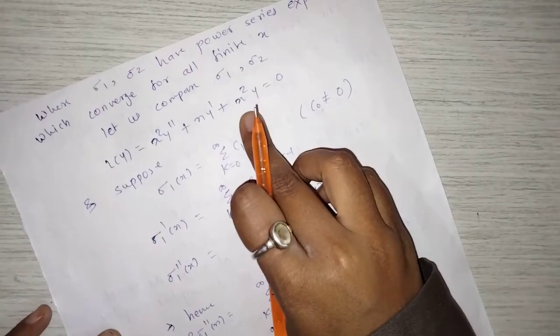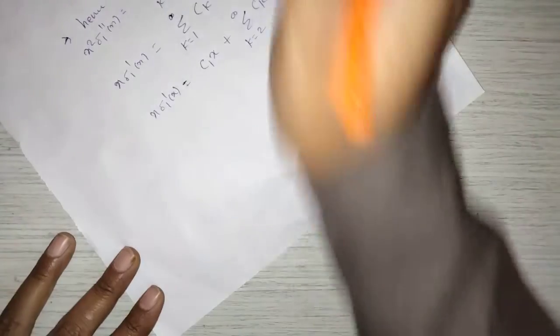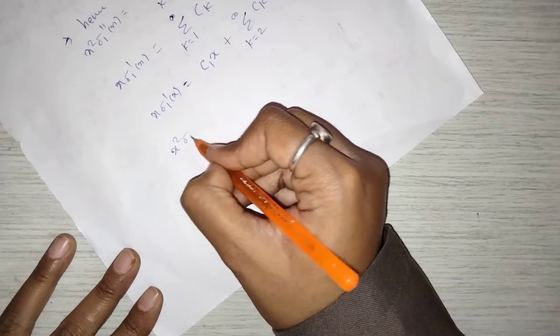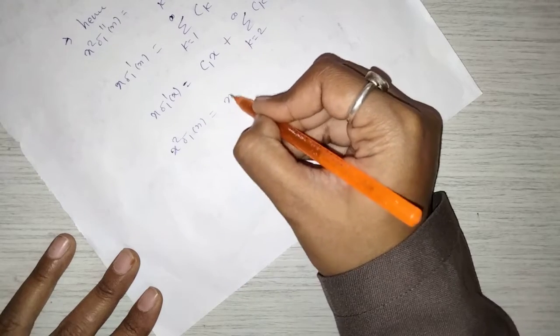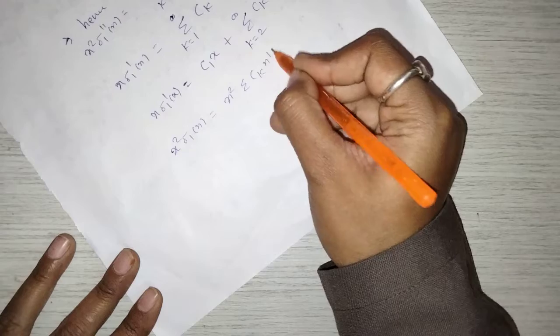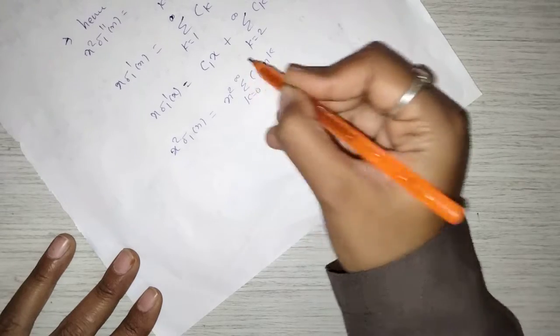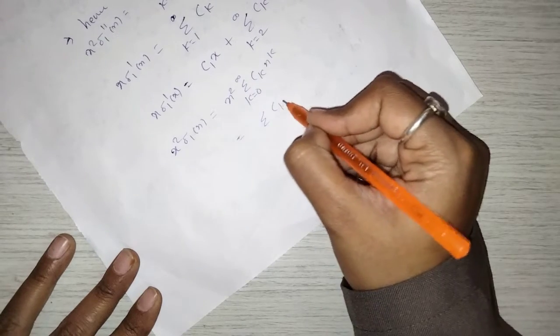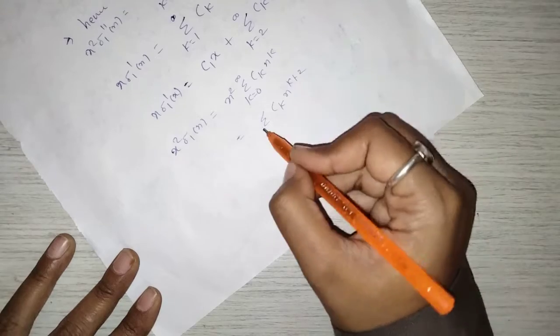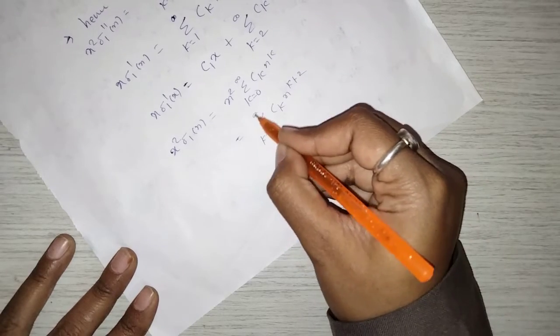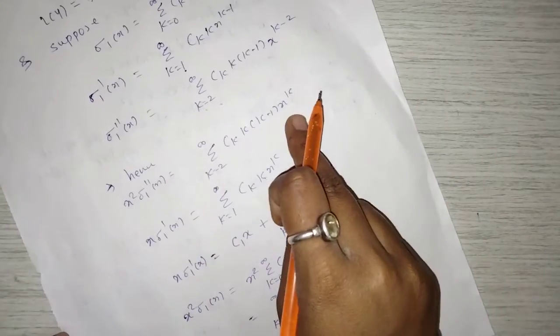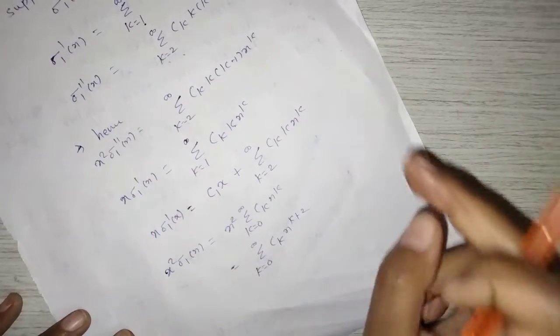Now next calculate x square sigma 1 of x equal to x square summation ck x raised to k, k running from 0 to infinity, equal to summation ck x raised to k plus 2, k running from 0 to infinity. Now here the series is in the form of x raised to k, and here also we want the series in the form x raised to k.